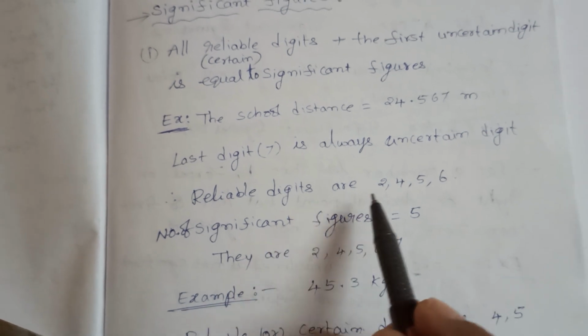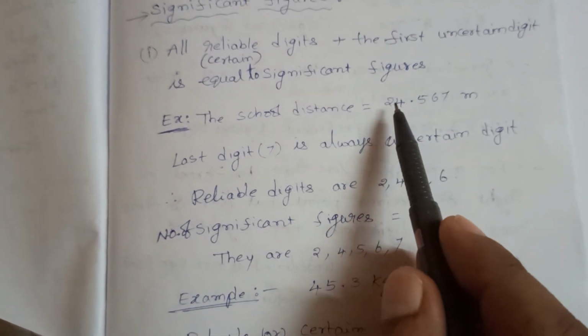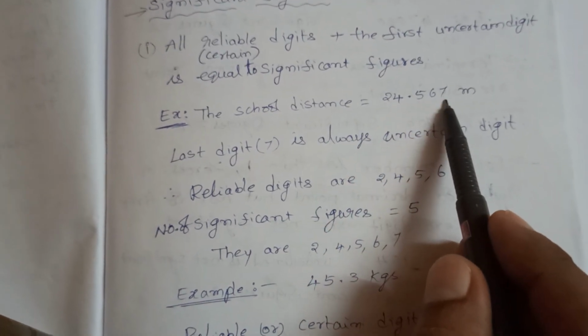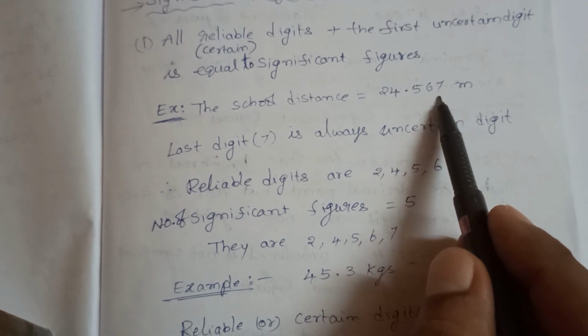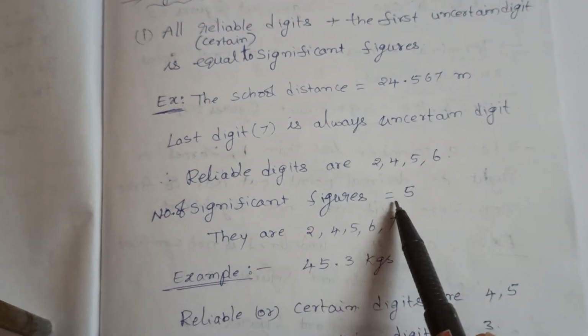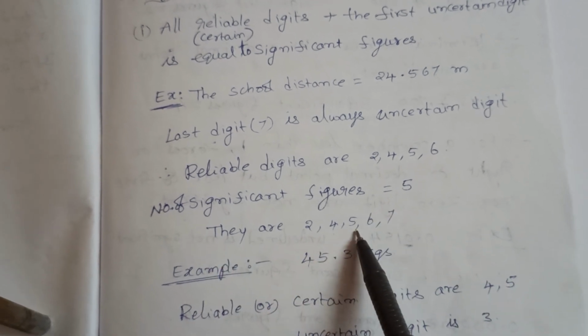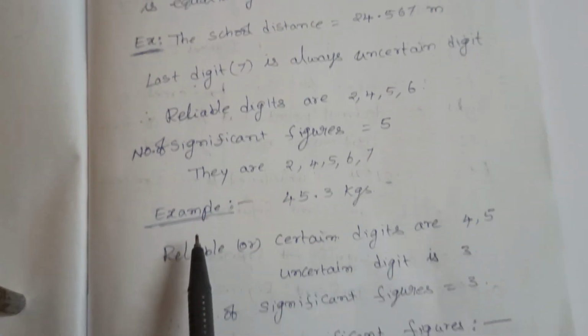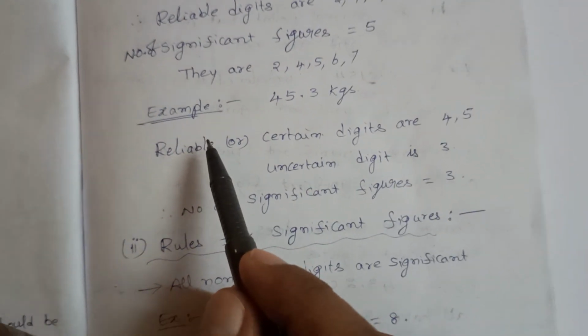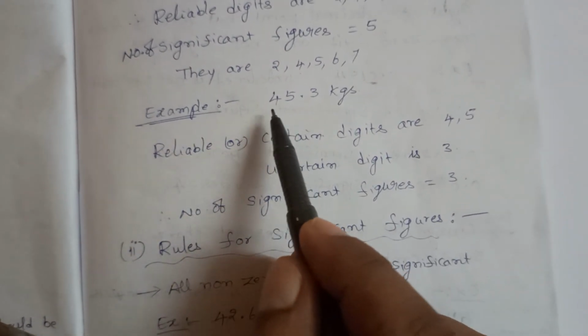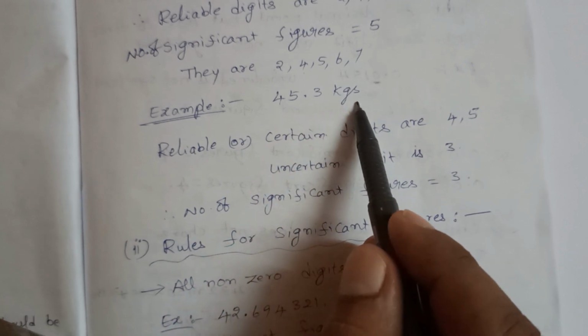So here the total how many digits? 1, 2, 3, 4 and the uncertain digit, total 5. So the number of significant figures here is 5. They are 2, 4, 5, 6, 7. One more example we will see: 45.3 kgs.